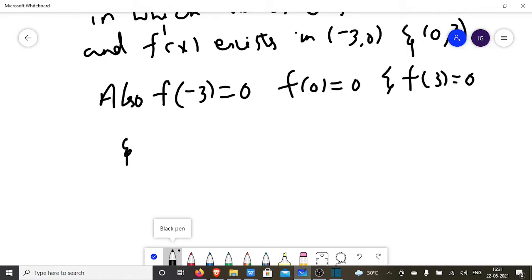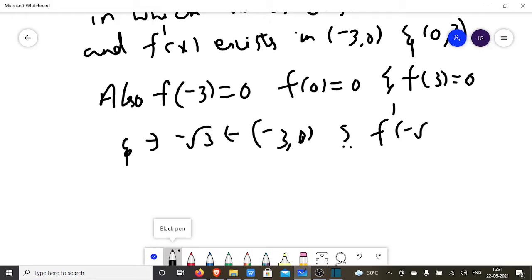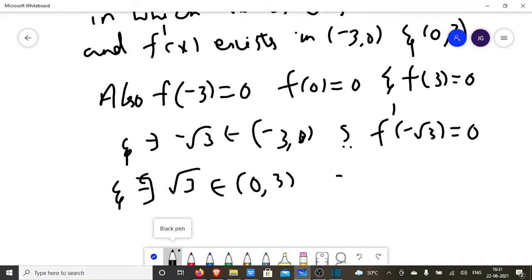And there exists minus root 3 in the interval (minus 3, 0) such that f dash of minus root 3 equal to 0, and there exists root 3 in the interval (0, 3) such that f dash of root 3 equal to 0.